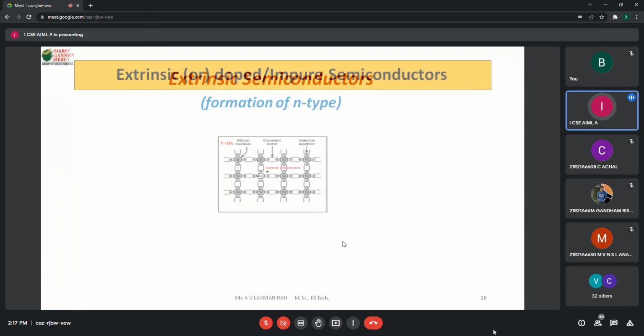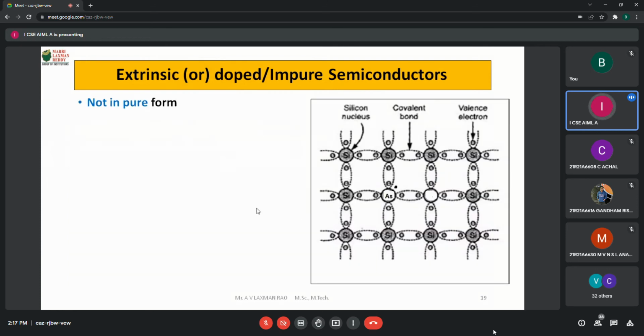Now extrinsic semiconductors: they are not pure, they are doped. Impure semiconductors, we are calling them, we are adding some impurities like foreign atoms, arsenic, antimony, phosphorus.